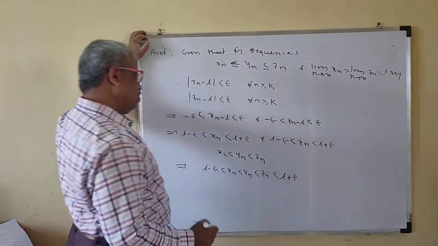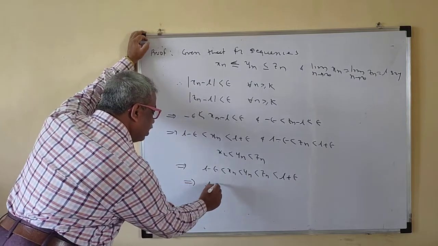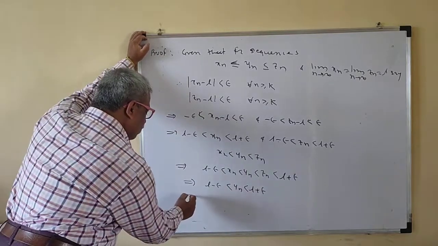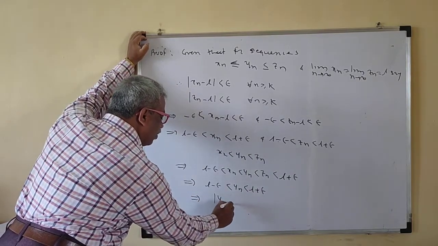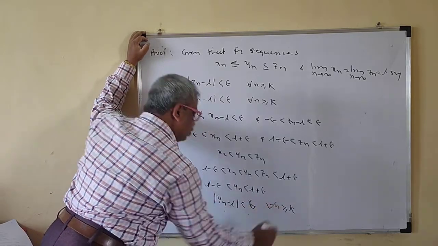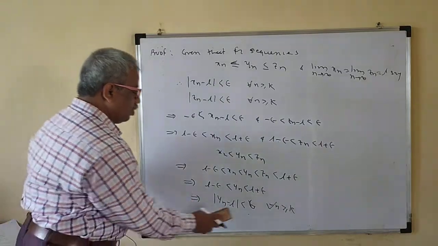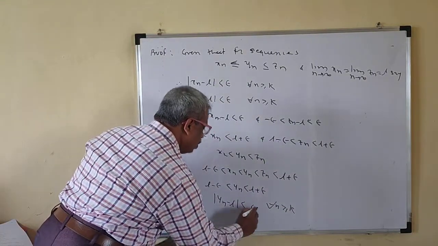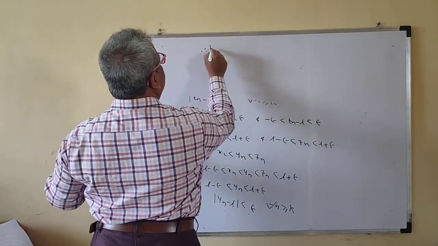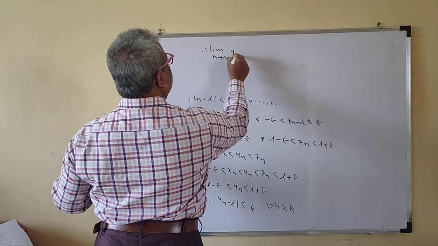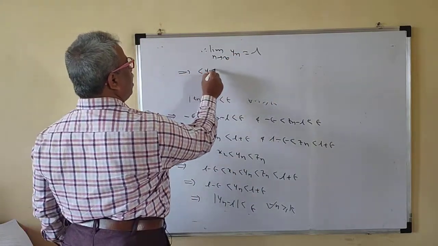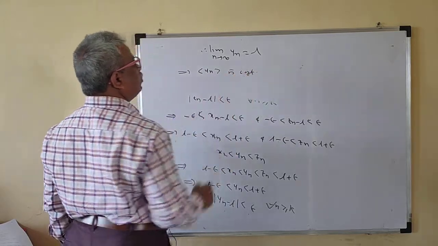So this implies that mod of yn minus l is less than epsilon for all n greater than or equal to k. This is true for all n greater than or equal to k. So therefore the limit as n tends to infinity of yn is also l. So this implies that the sequence yn is convergent.